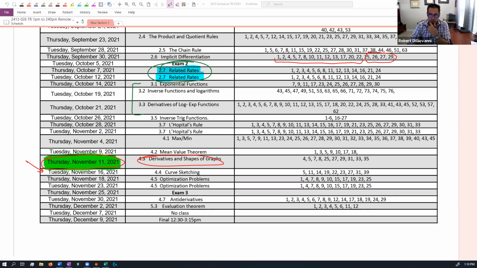And then we'll know a little more by the end of next week where we are. But my guess is that would take us through 3-3 next week, and that's what would be on the test. Maybe a little bit of 3-5, we'll see. But let's plan right now to make November 4th our 3rd exam.